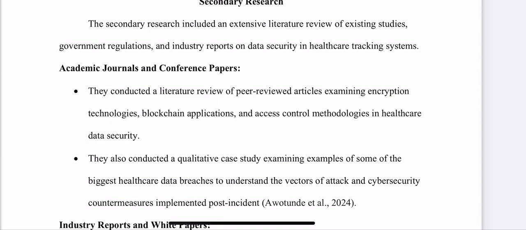They conducted a review of peer-reviewed articles examining encryption technology, blockchain applications, and access control methodologies in healthcare data security.